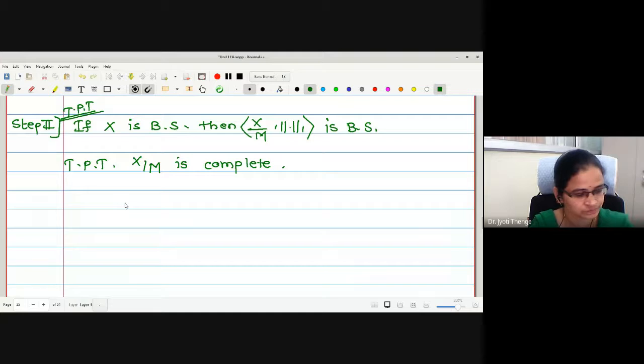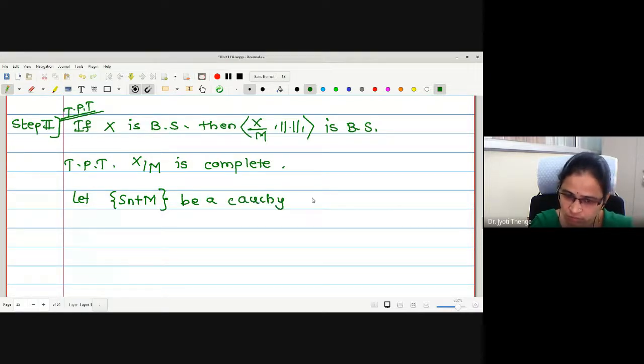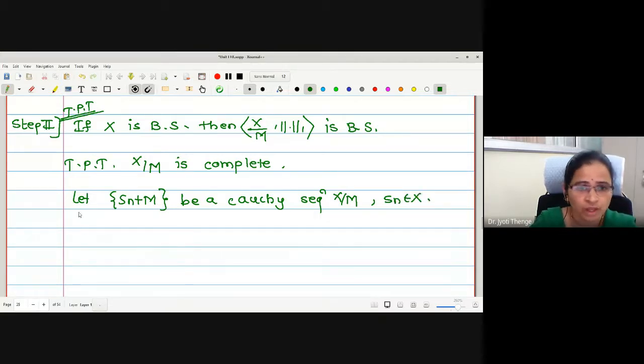Let me do that. Now here I will write: let Sn plus M be a Cauchy sequence in X by M provided Sn is in X. Right? Now here I will write in the red pen.